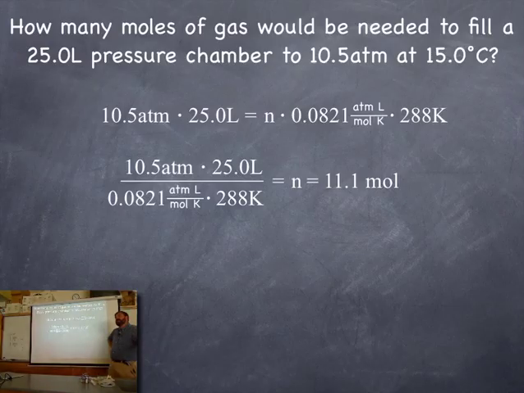Why would moles be useful for us? So yeah, we could convert that into a mass, grams. But we could also do what kind of problems? Stoichiometry problems. If we had gases reacting, I have to know how many moles of gas are reacting. And then we could talk about how much products were formed, how much reactants are needed.